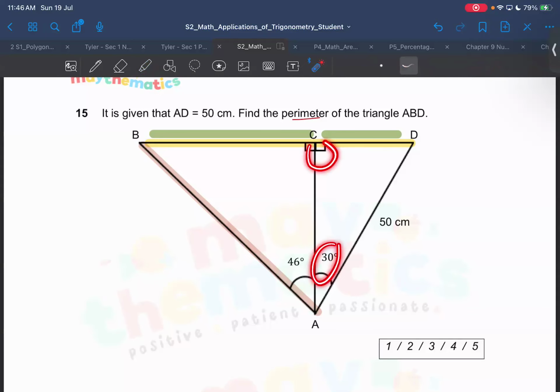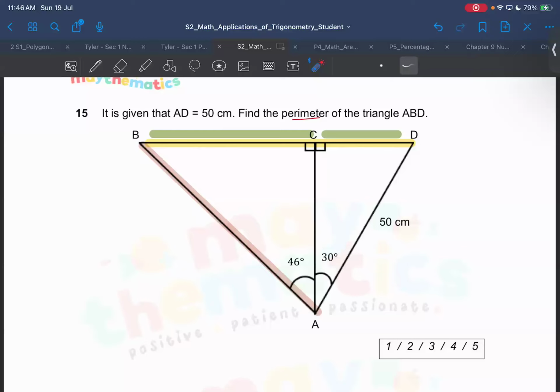We got angle, angle, angle. We got length. So how? Angle and a side. Enough for me to find another side? Can, right? And then you just combine 46 and 30, then after that you just find the two sides using the 50. But this is not right angle, eh?